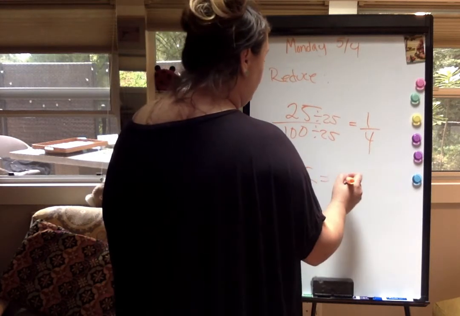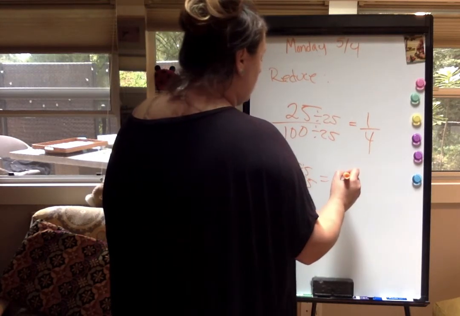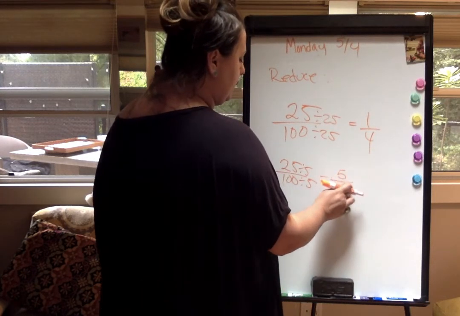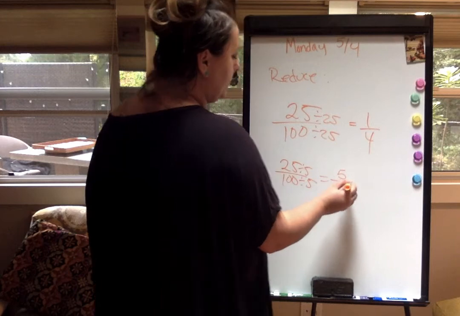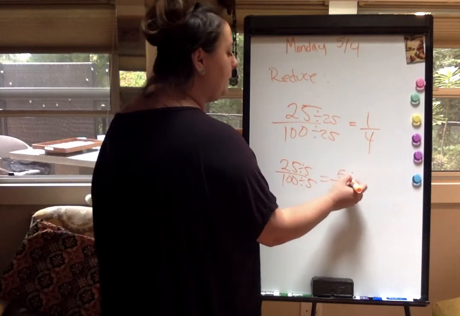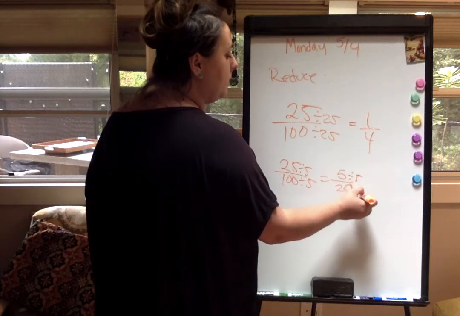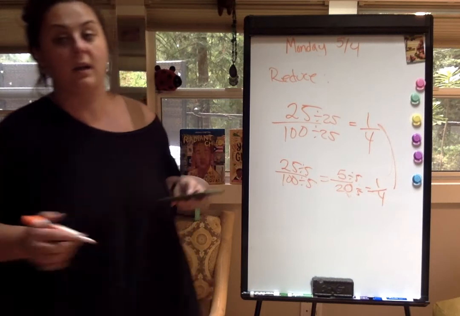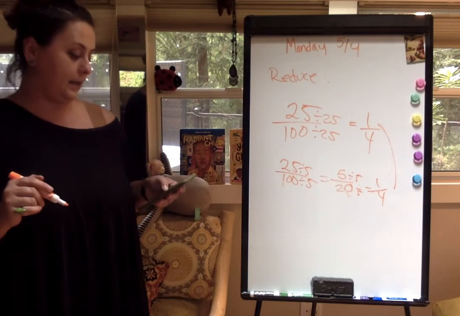And that's going to give you 5, 20, 20ths. Sorry. But you can go further, because 5 can be reduced as well. And it will give you 1/4. So, same way, 2 different ways, doesn't matter how you get there.